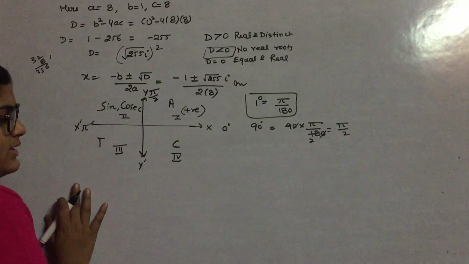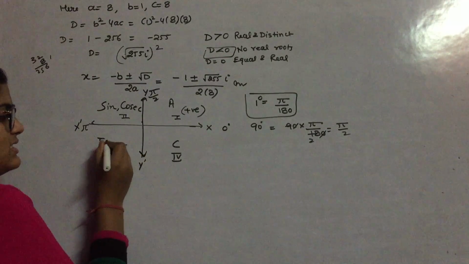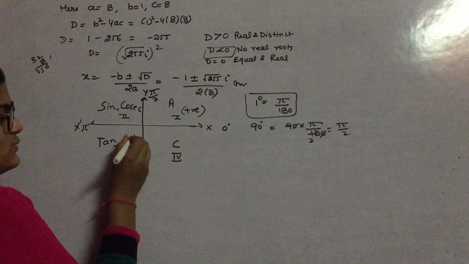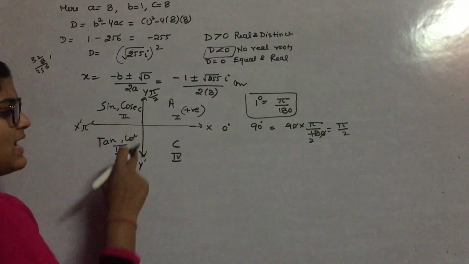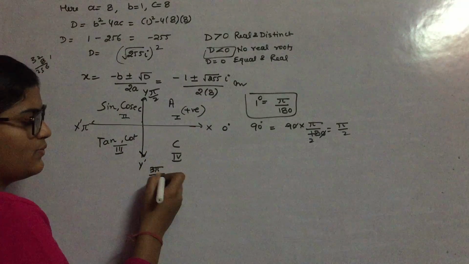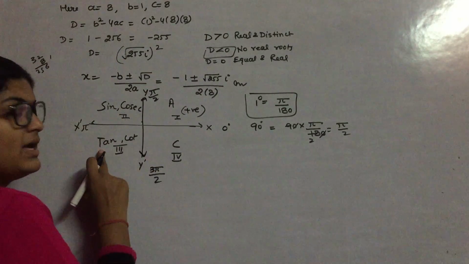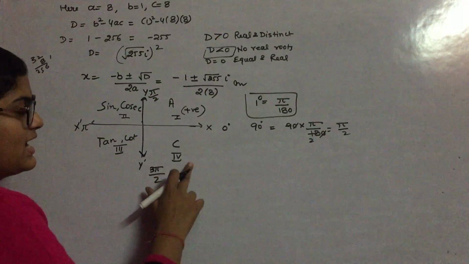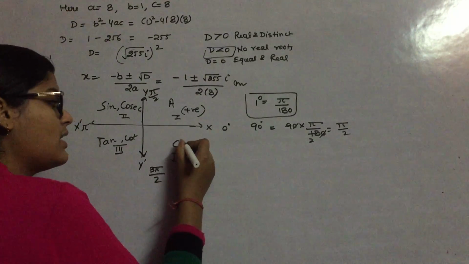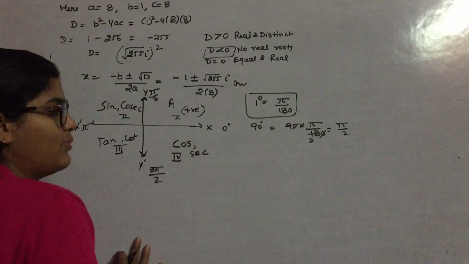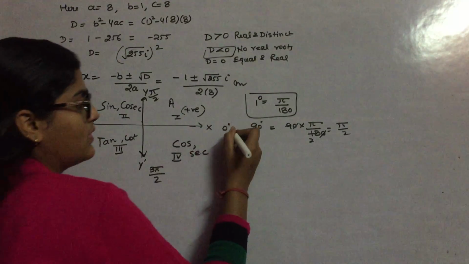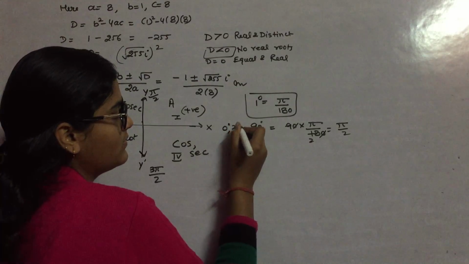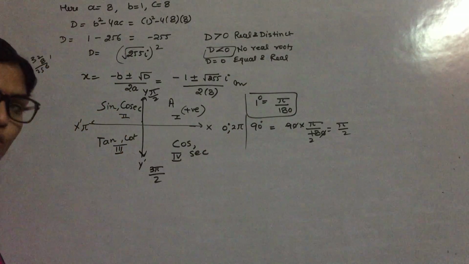Your third quadrant has tan and cot as positive, and it lies between 180 and 270. That means 3 pi by 2. Here tan and cot are positive. And in fourth quadrant, your cos and its reciprocal sec are positive, which lies from 270 to 360. That means 2 pi. Okay?